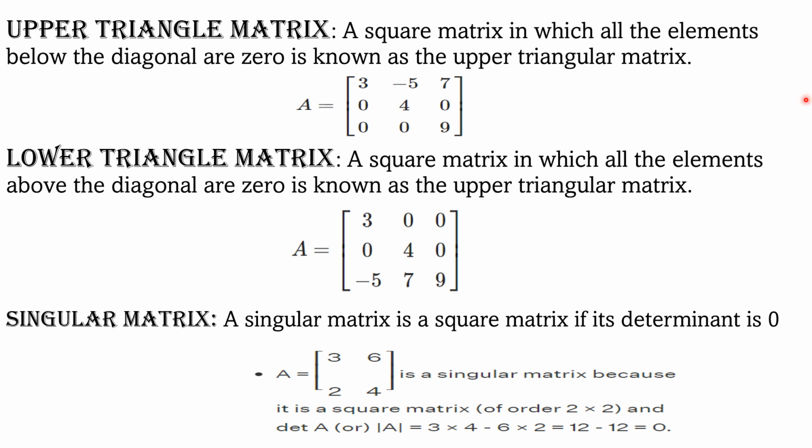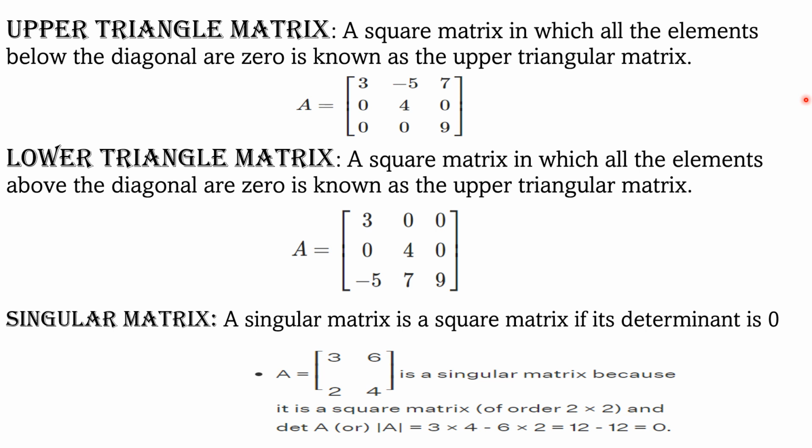Yes, row matrix, column matrix. Understood? Next, yes, unit matrix or null matrix, identity matrix, null matrix, diagonal, scalar.